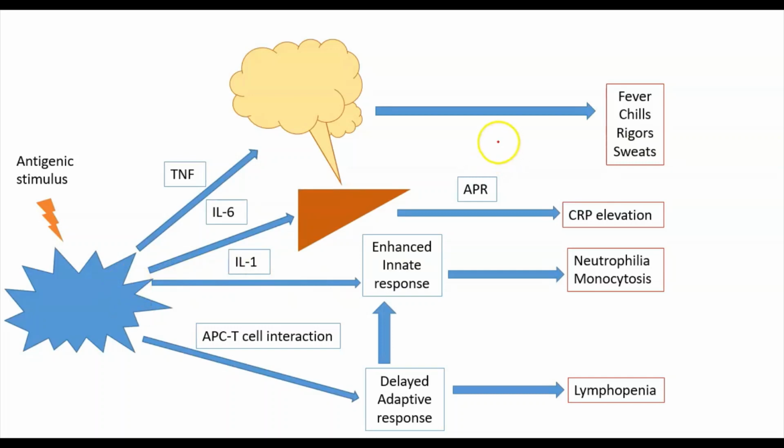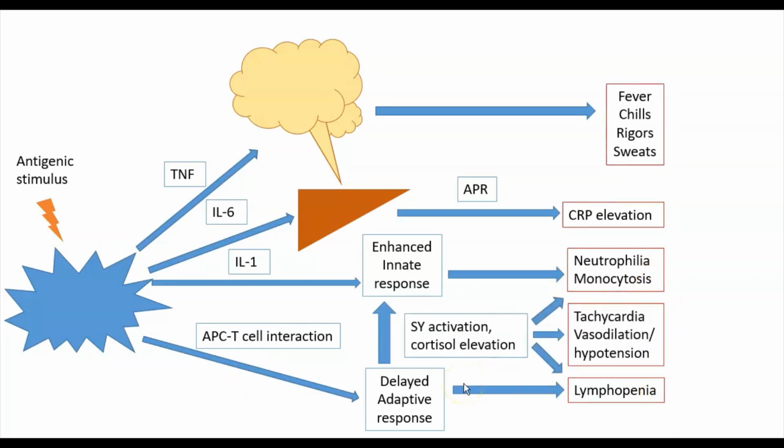And because of the actions of these components of the immune response, you get a number of characteristic presenting features which you see in a patient with an infection, namely a fever with chills, rigors and sweats, an elevated C-reactive protein, and the classic pattern that you see on the full blood count differential of a neutrophilia, a monocytosis, and a lymphopenia.